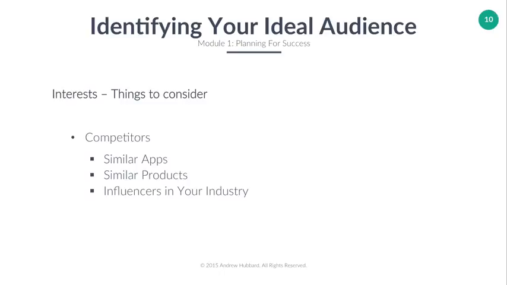So we really want to start to think about who this person is who you want to download your app, what they're interested in, and what products and apps they would also be using. And you'll see later in the modules why this information is really useful and why this is the key to a really well-targeted ad campaign.